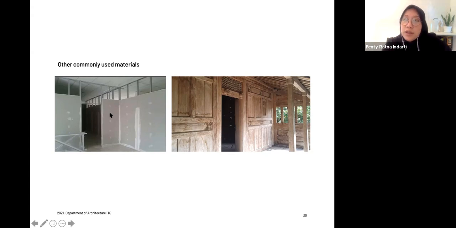It can be used as a ceiling as well, so sometimes it's almost the same, but this one is for partitions. As you can see here, there is this type of frame, and then it will be covered by the materials. Another type of material used for walls is wood, specifically in vernacular architecture or traditional buildings.